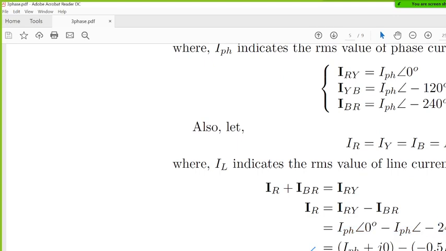What is IR? IR was IRY minus IBR. Right? So that is the same as IRY plus IRB.